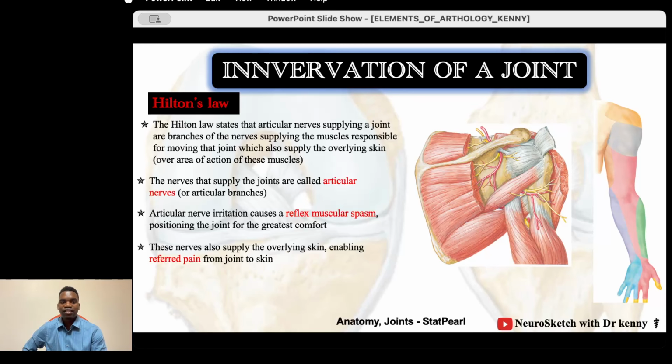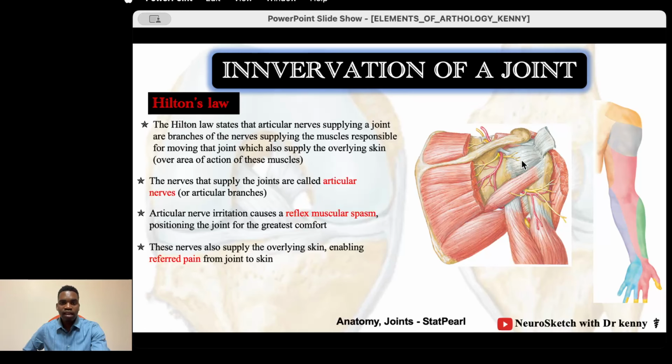Why? Because we have said the nerves that supply the joints are actually branches of the nerves that supply the muscles. So we have irritation, a reflex muscular spasm, a reciprocal transmission of information that can cause the muscular spasm. And sometimes, because the nerve that supplies the joint will also give some branches to supply the skin, we'll have a referred pain.